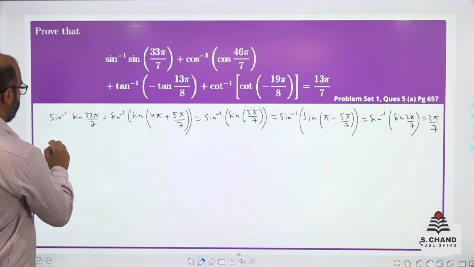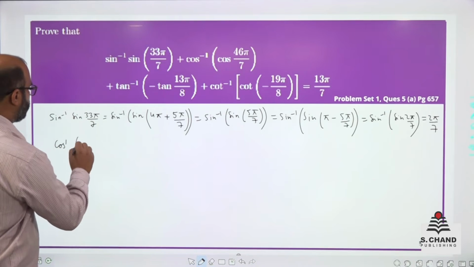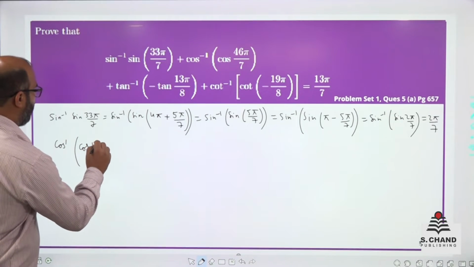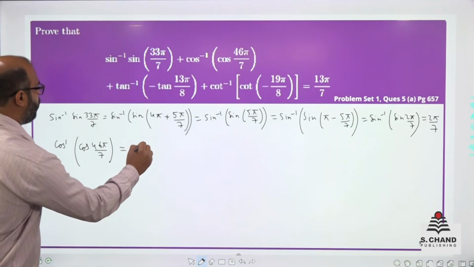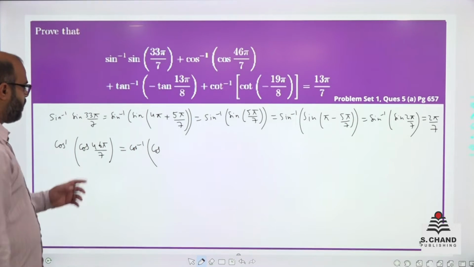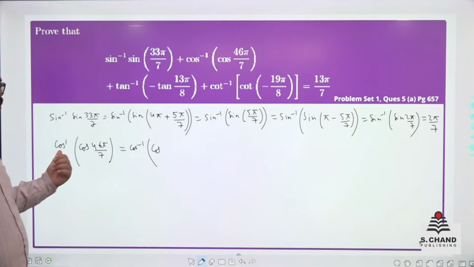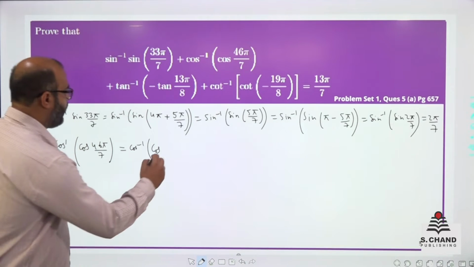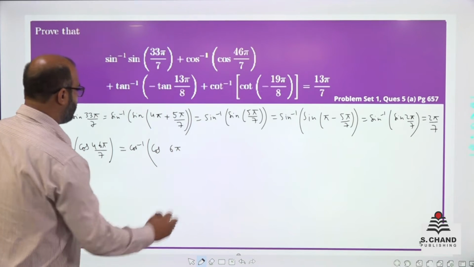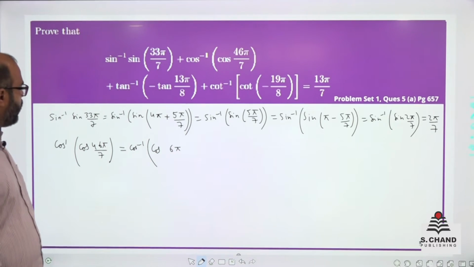Next we have cos inverse of cos 46 pi by 7. Again let us see the periodicity. So 7 sixes are 42. So 46 pi by 7 is 42 pi by 7, which gives you 6 pi, plus 4 pi by 7.